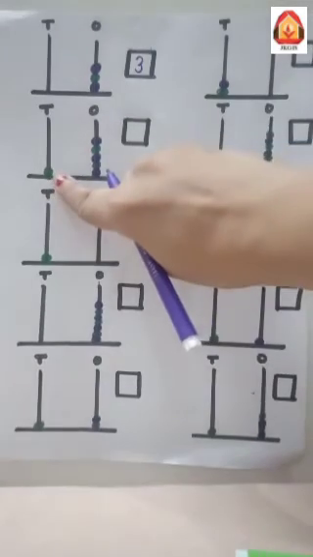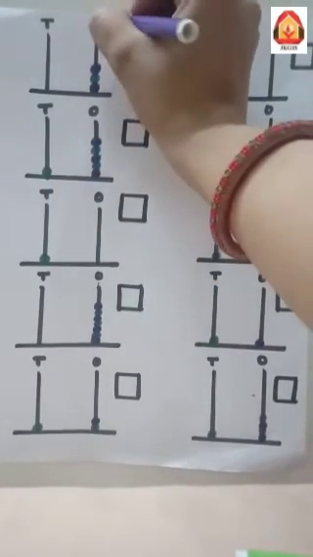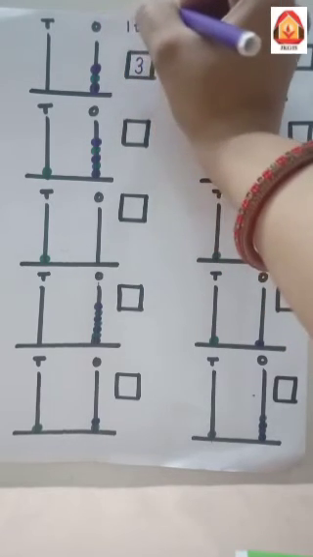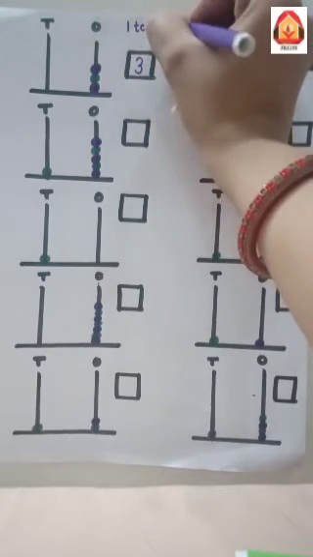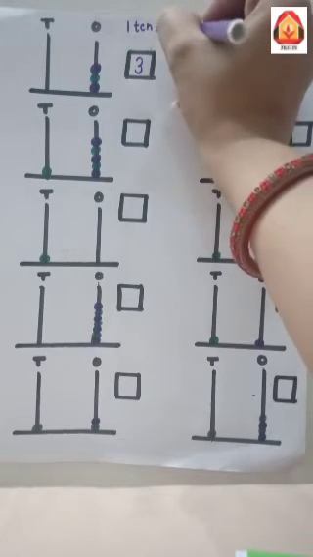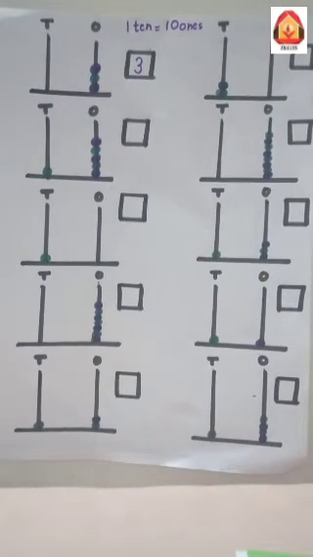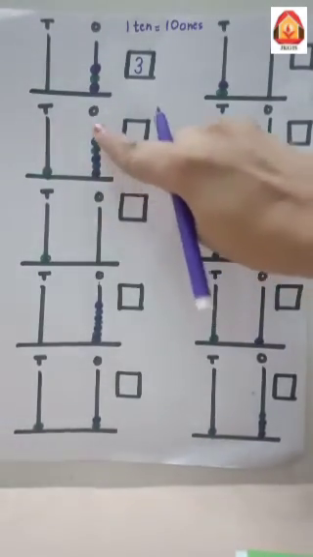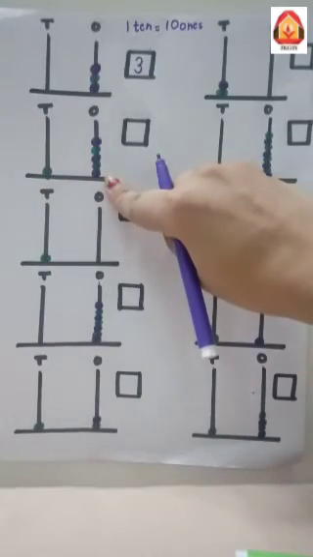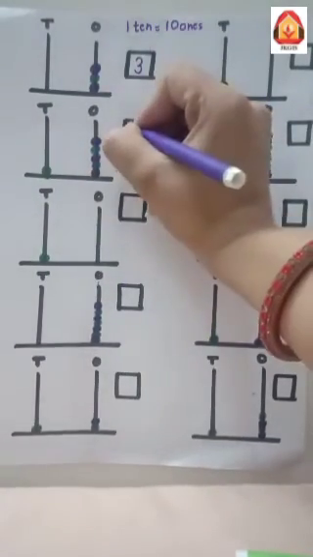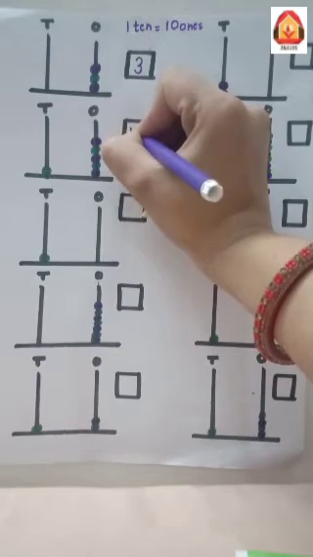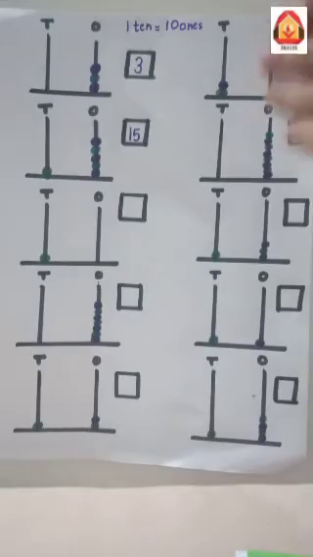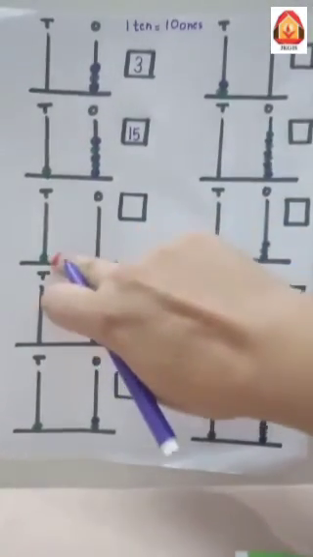So kids, 1 10 का क्या मतलब होता है? 1 10 में कितने वंस होते हैं? 10 वंस होते हैं, मतलब 10 सिंगल होते हैं. ओके, सो 1 10 एंड 5 वंस मिलकर क्या नंबर फॉर्म करेंगे? 1 5, 15.